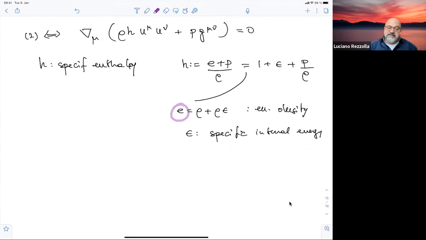You take a bunch of particles, they have a certain energy density. And part of this energy density has to do with the fact that they simply have a rest mass, but they also have some internal energy. They may have a certain temperature, if you think about a fluid, okay? And this is given by this quantity here. So think about temperature.